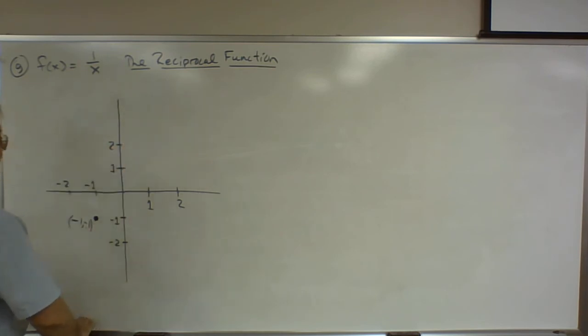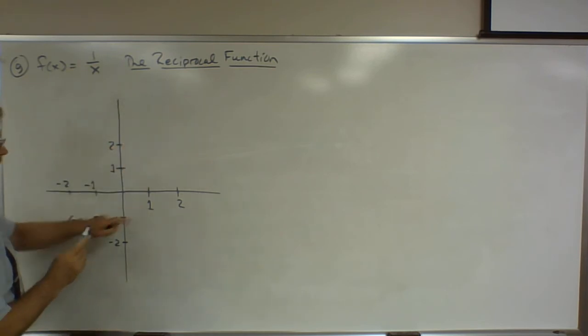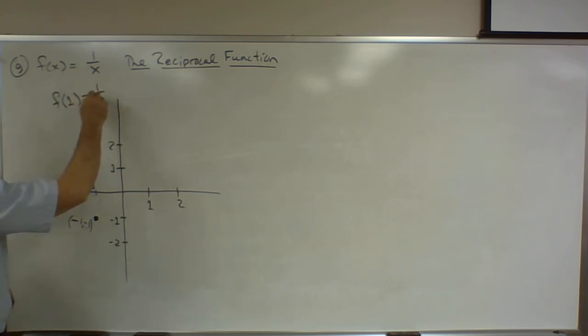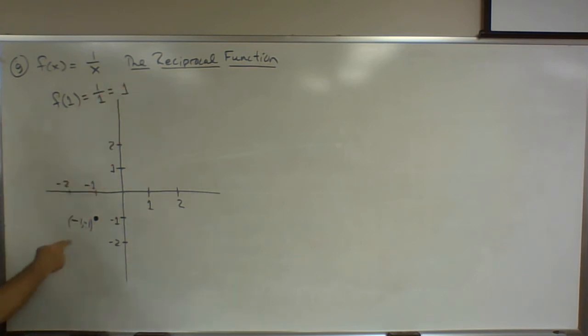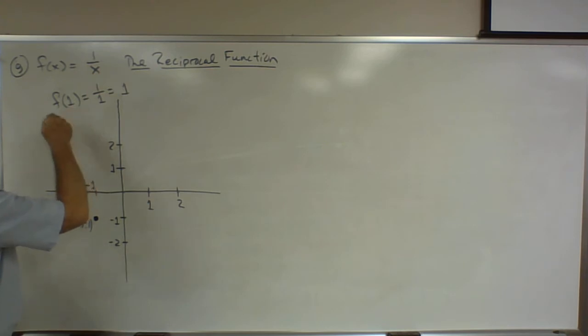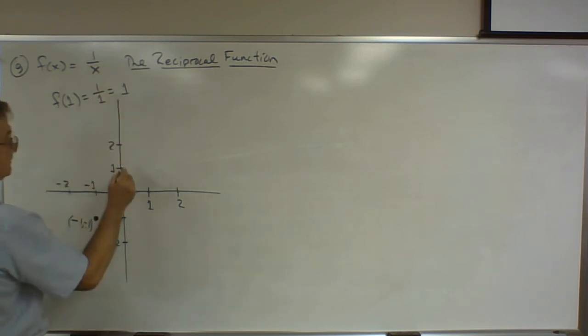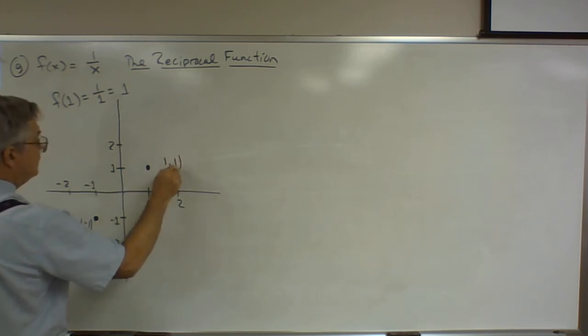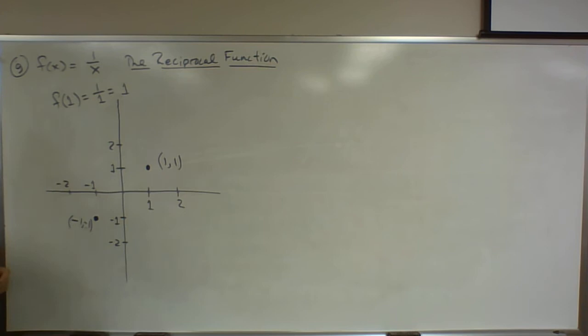Well, let's try another point. We usually try x equal 1. Let's try that. F of 1 is 1 over 1, which is 1. So when x is 1, y equal f evaluated at 1 is 1. Okay, there's a point on our graph.